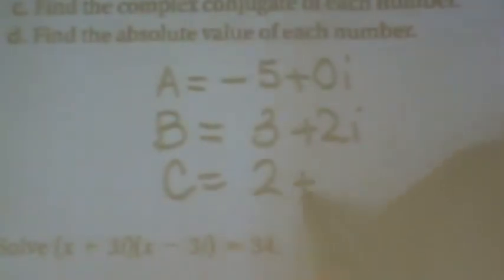Where's B? Here's B. You're going to go 3 plus 2i. C. Here is C. Over 2, down 1. So it's 2 minus i. And you don't have to write the negative 1. You can just write minus i. D is right here. You're going to go over 0 but up 3i.